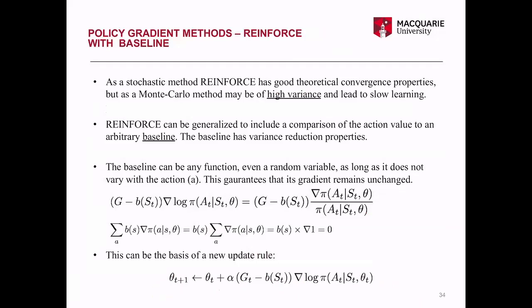So you remember that Monte Carlo algorithms were suffering from high variance, and we also dealt with that when we were comparing tabular Monte Carlo with SARSA and Q-learning. You saw in tabular methods, SARSA and Q-learning overtook Monte Carlo because of the high variance in Monte Carlo methods.